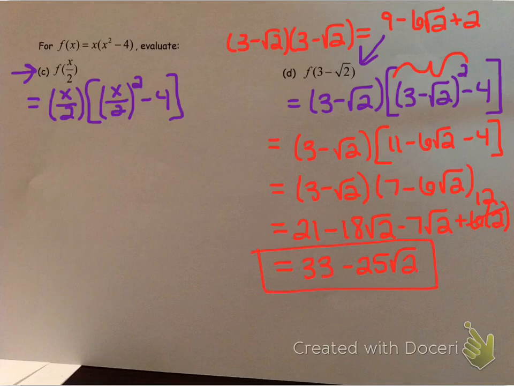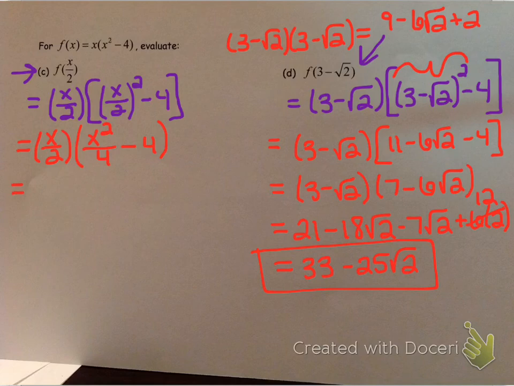Okay? Now, C is the easier example because you have a couple of different options available to you. You still want to square first, so I'm going to leave that alone. This is just going to become x squared over 4 when I square it. Okay? So, let's say I want to stick in the same order of operations as all the other examples.